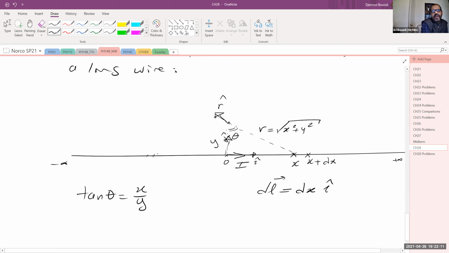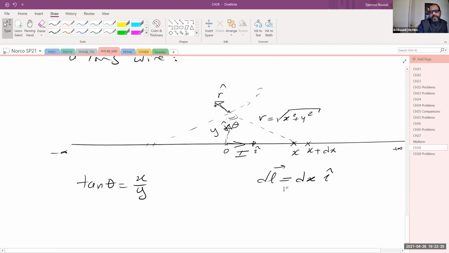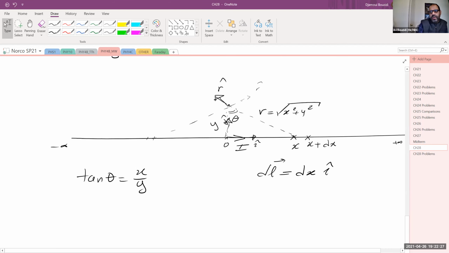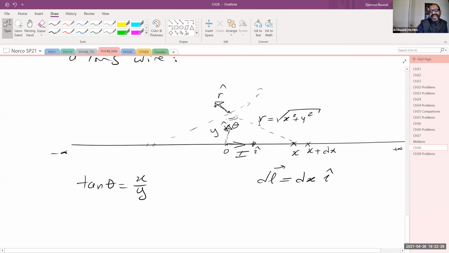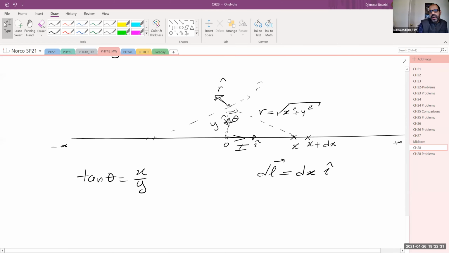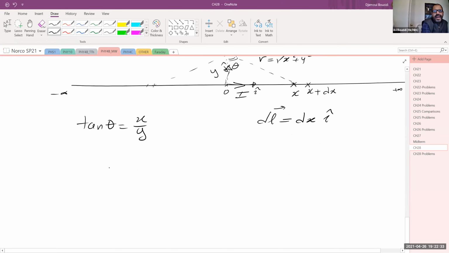If I took the point x in here, then this would be r hat, and that would be a different story, but then x would be negative. I'm taking x positive in here. So r hat, I'm going to write its expression and tell me if it's wrong. It's simply r hat is r over r.